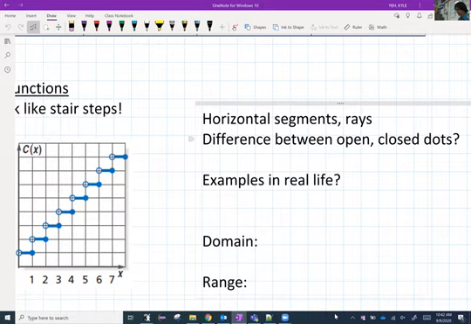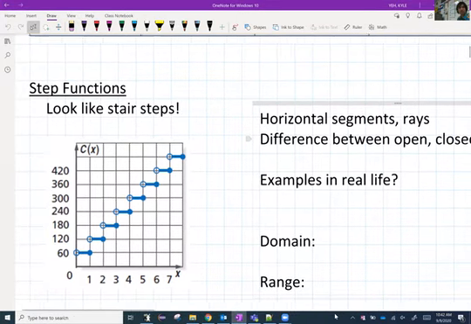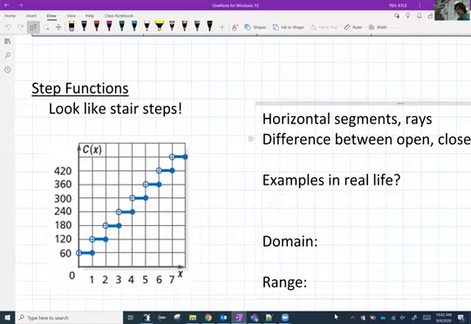At first you might look at this and say, wow, this does not look anything like what I will ever need. This doesn't exist in real life. Step functions actually do exist in real life quite a bit. The example that I always jump to is anytime you go buy something and you have to buy them in whole increments.